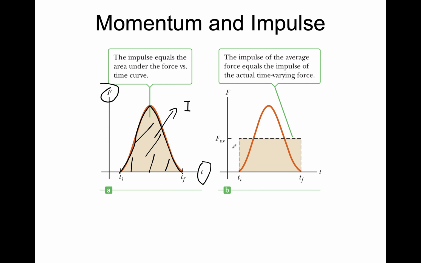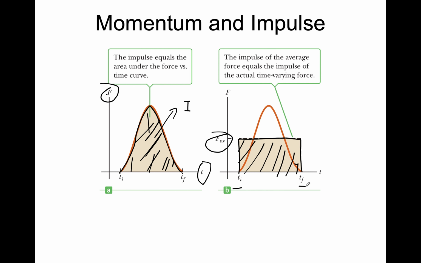We want to define a constant force acting on the object from Ti to Tf, but the impulse given by this constant force would be exactly equal to the impulse given by this changing force. We call this the average force for this changing force over the time period from Ti to Tf.